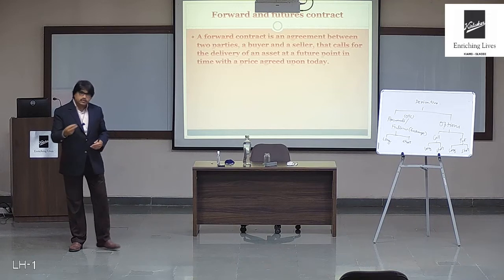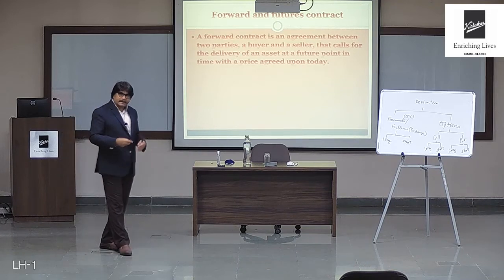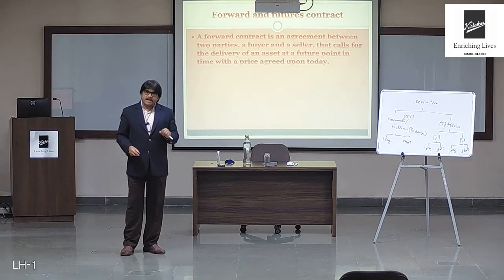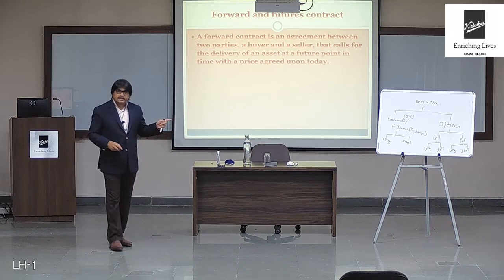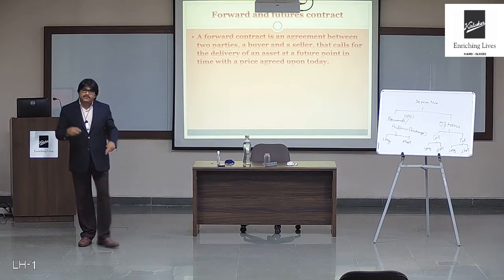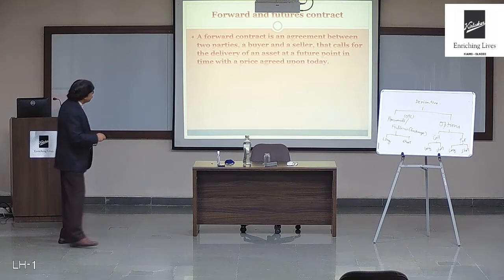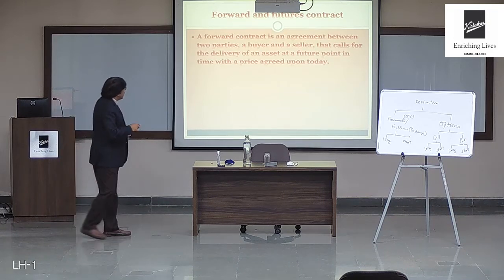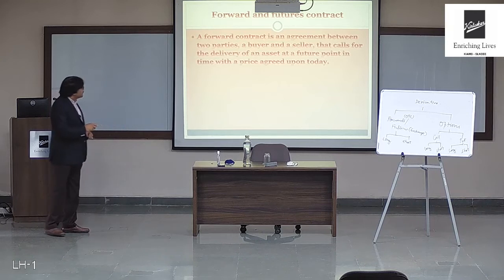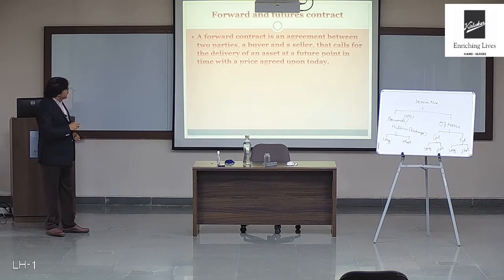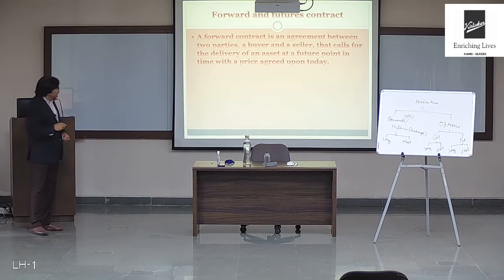It is between two parties who know each other, and they decide the specifications and contract details between themselves. Whereas a future is an exchange traded instrument, and therefore the terms of the contract are standardized. Both the buyer and seller decide this contract, and the delivery of an asset at a future point in time at a price agreed upon today.